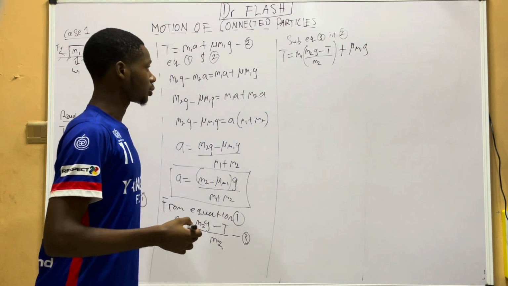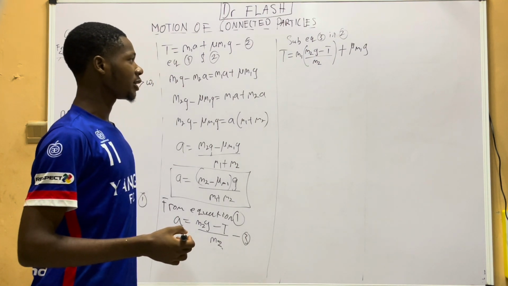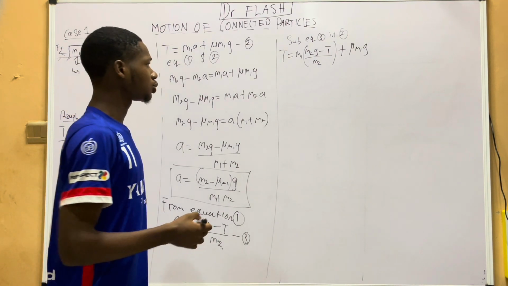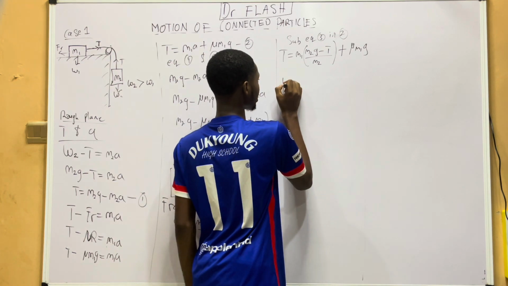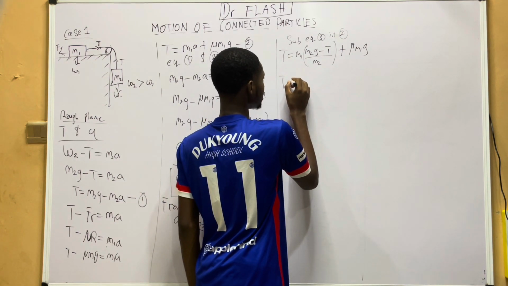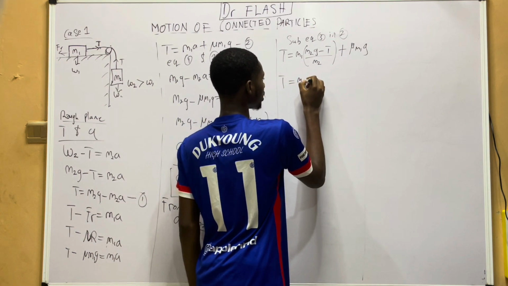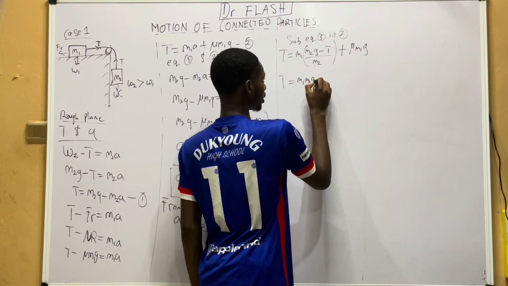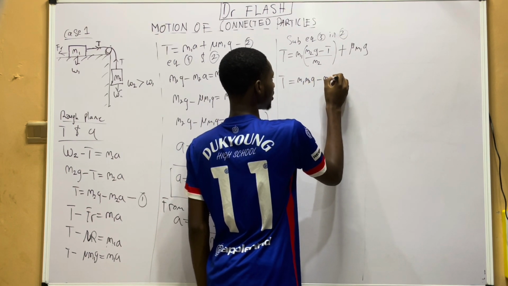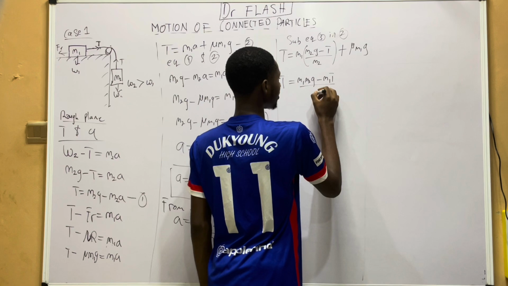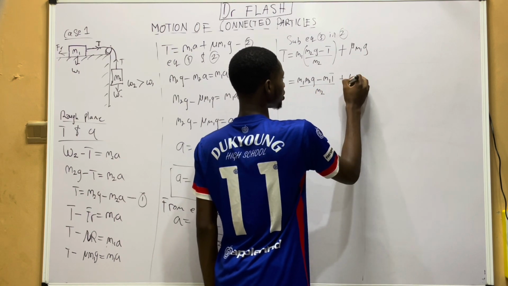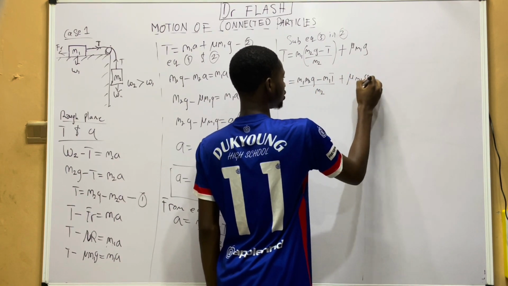That's what we're going to get. Now from here we want to simplify and make T the subject. How are we going to do that? Let's first of all expand the bracket. So we're going to have T is equal to m1m2g minus m1T divided by m2 plus mu m1g.